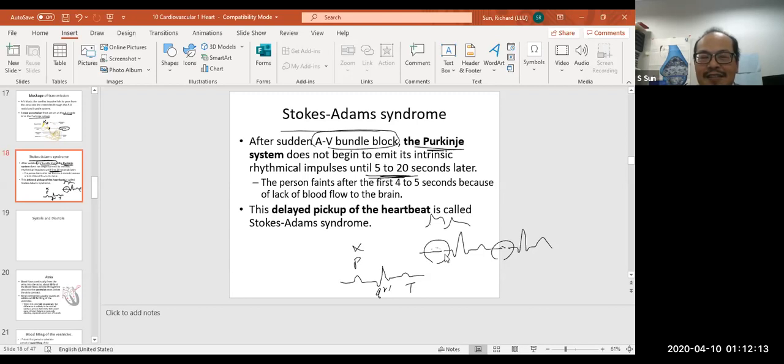There is a tendency of this person, if the atrium is not functioning. Say this is the atrium, this is the ventricle. Say if the atrium is not functioning, only the ventricle, because the Purkinje fiber only excites the ventricle, not the atrium. So you can still live without the atrium, but only the ventricle.